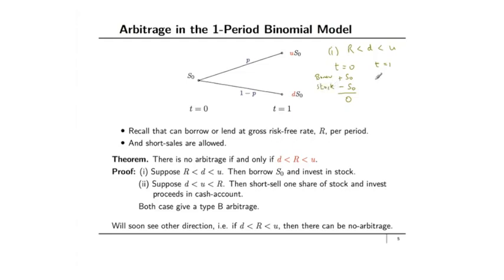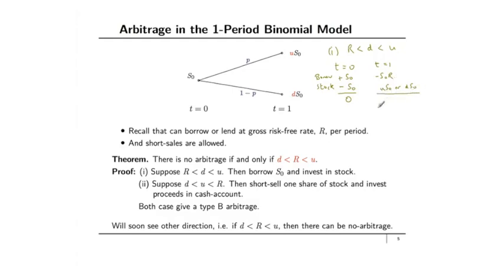At t equals 1, we have to pay back our borrowings. So we have to pay back S0, but with interest, so we're going to be paying back S0 times R. But we own 1 unit of stock. Remember, we invested S0 in the stock at time t equals 0. That's going to be worth US0 or DS0 at time t equals 1. And we're going to use these proceeds to pay back the borrowings at t equals 1.